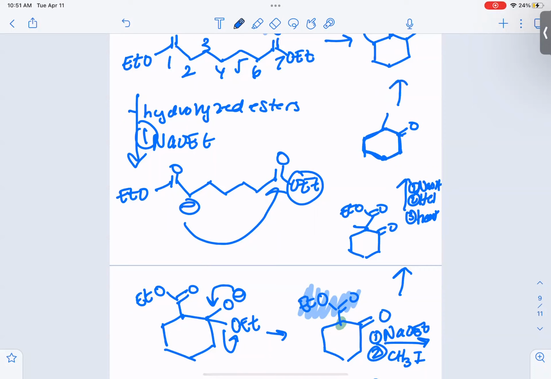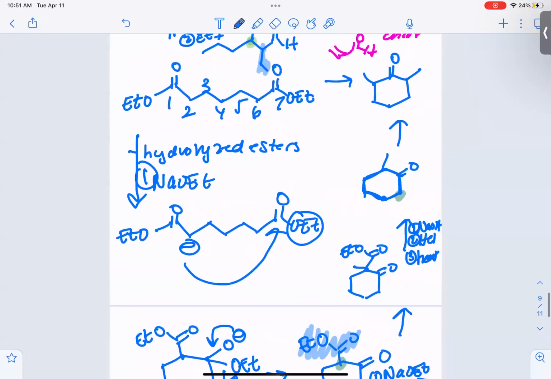Now how much LDA do I need to add to alkylate that position? Grace? 1.01. Yep, you just need a slight excess because you want the kinetic enolate. And I add my methyl group. So if I write this in the forward direction, I have my NaOEt.